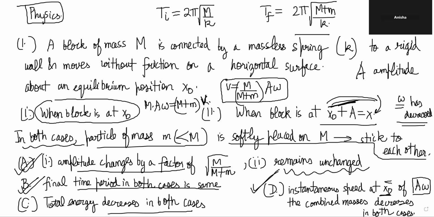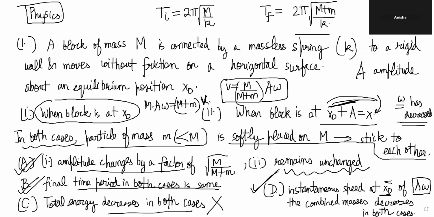Why? In the second case, the total energy will not increase, because although we now have small m plus capital M, K doesn't change, and the energy is half K A square, so with K and A constant, it doesn't change. So this is not correct. So ABD is the answer. Is it clear? Yes, sir.